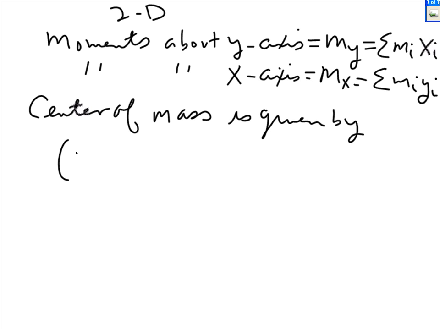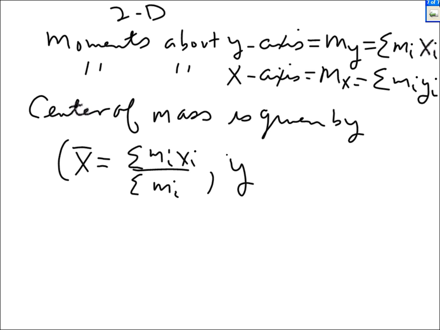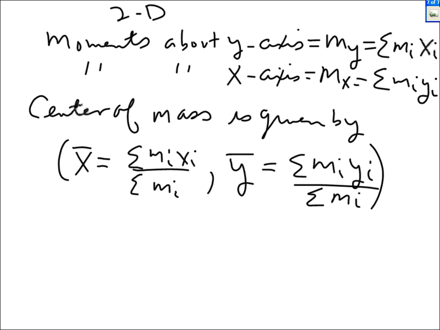It's going to be given by x bar, which is the summation of the mixi's divided by the summation of the mi's, just like we did in linear. And then we do it again for the second dimension. It's the summation of the mi's times the y position, divided by the sum of the masses.